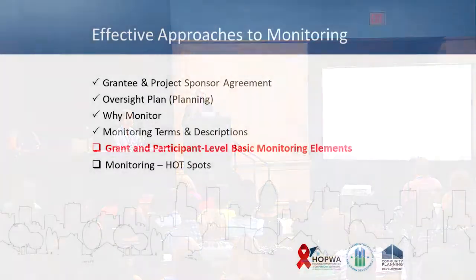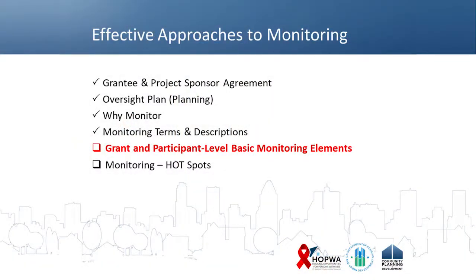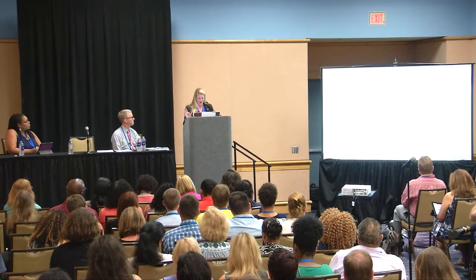So what I'm actually going to talk about is grant and participant level basic monitoring elements. These are all elements that are part of a basic oversight plan, and they're not going to be surprises to you, as they're part of requirements from the HOPWA program.